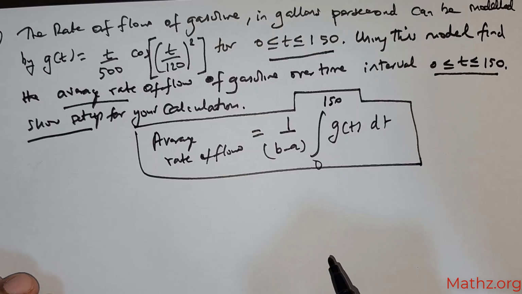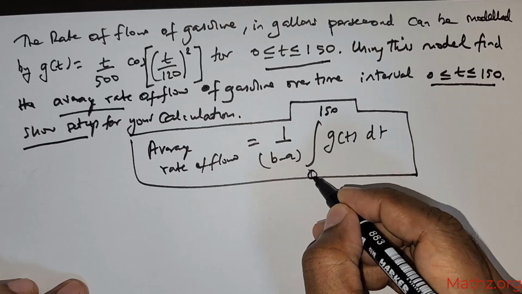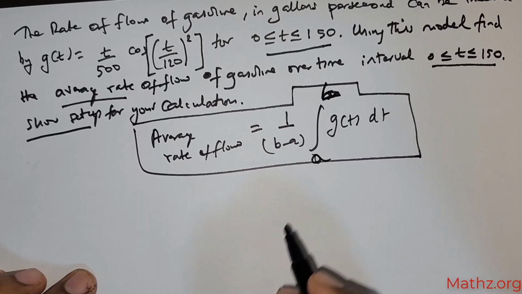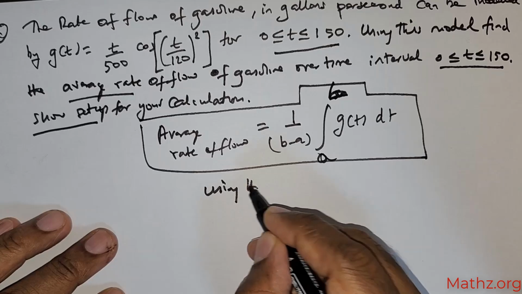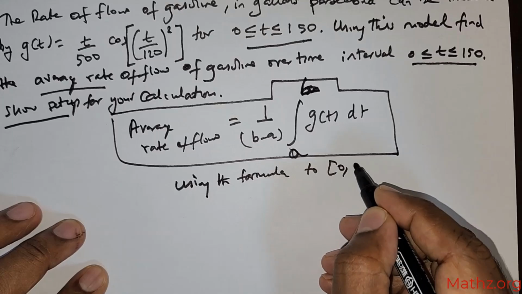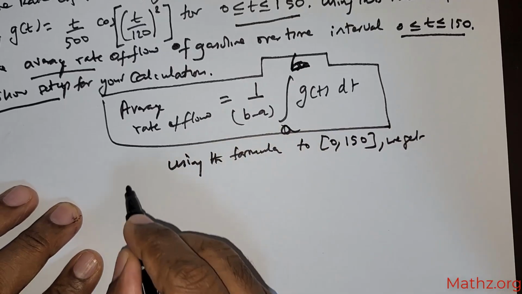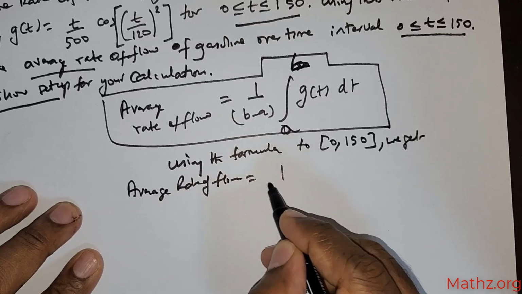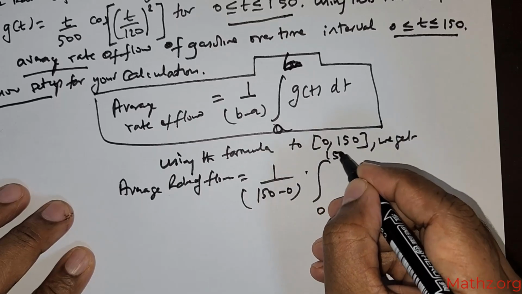After you have given this, instead of saying 0 to 150, you can simply say a to b, and then using the above formula, you can write the average rate of flow. Using the above formula for 0 to 150, what do we get? The average rate of flow is equal to 1 over (150 - 0) times the integral from 0 to 150.